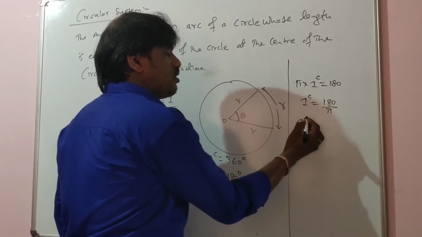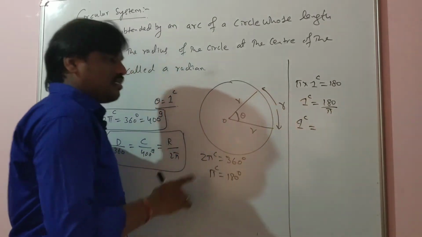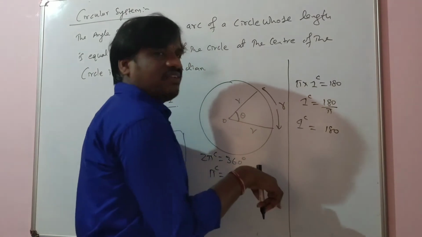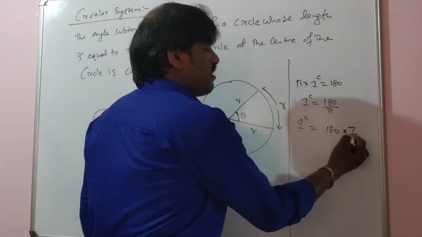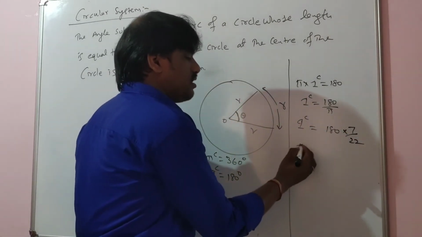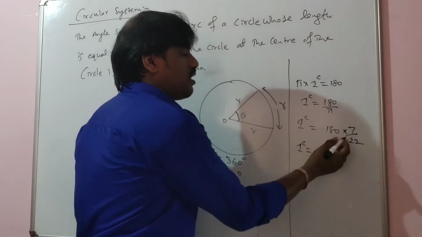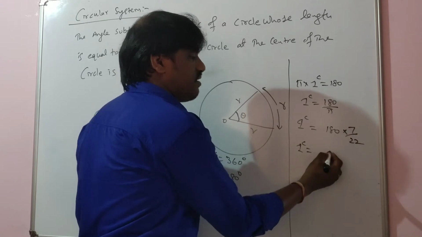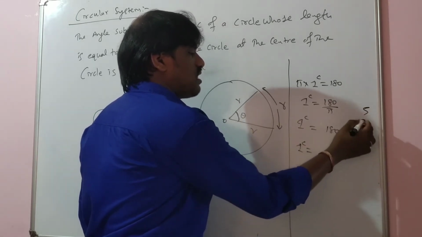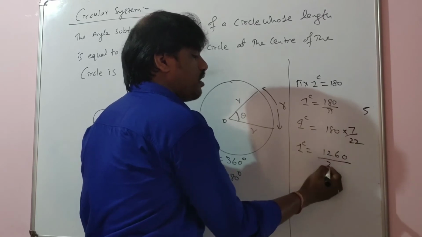Now to convert into degrees, you can write the pi value as 22 by 7 here. So I get 7 by 22. So 1 radian is equal to 180 times 7 by 22. 7 8s are 56, 7 1s are 7 and 5 is 12, upon 22.